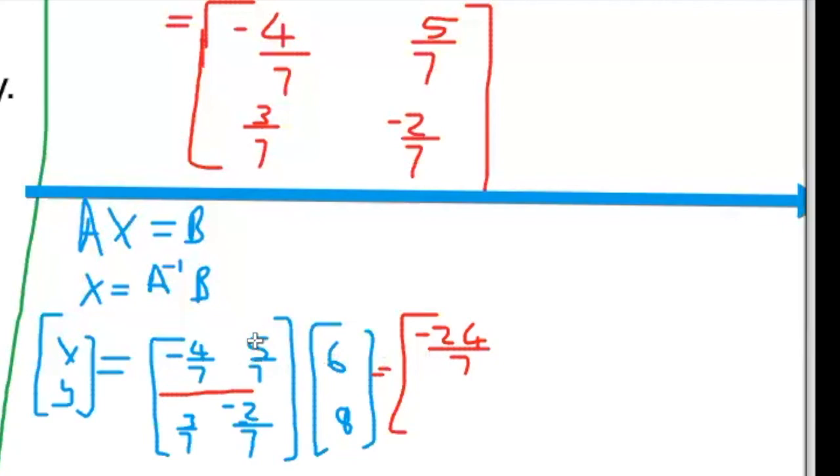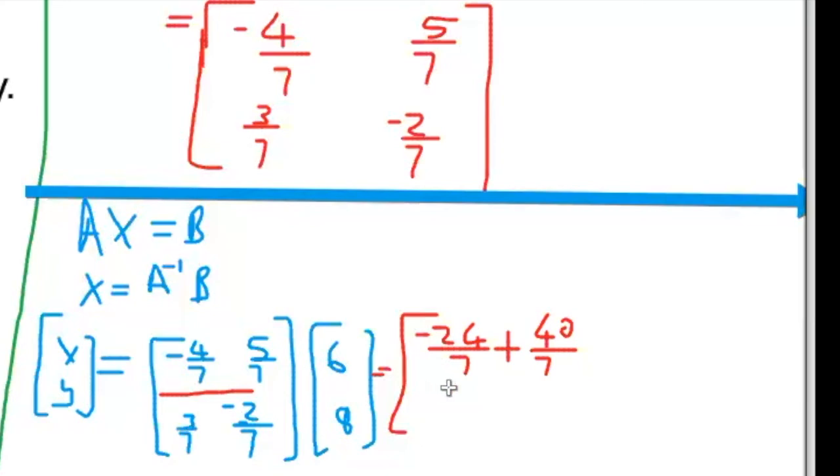Then we're going to multiply 5 over 7 times 8. So I have 5 times 8. That gives me 40. So I'm going to have plus 40 over 7. Then I'm going to multiply the second row by the first column. So I have 3 over 7 times 6.